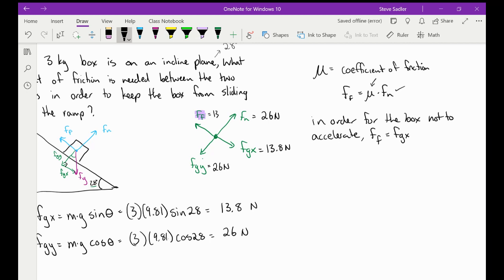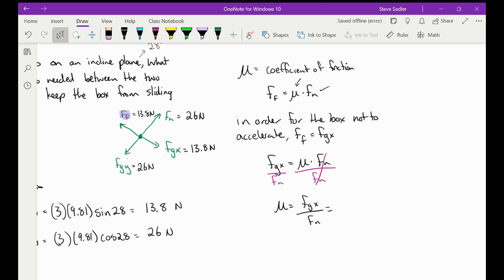So this has to be 13.8 newtons as well. So now I can take that formula and say Fgx is equal to mu multiplied by normal force. We can divide normal force from both sides, and we get mu is equal to Fgx over normal force. I just made this up, so hopefully it comes out to be a half-decent number.